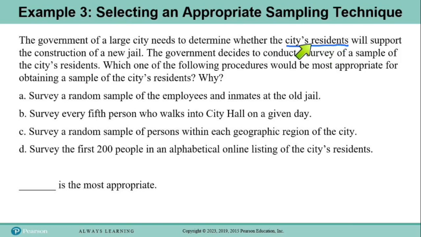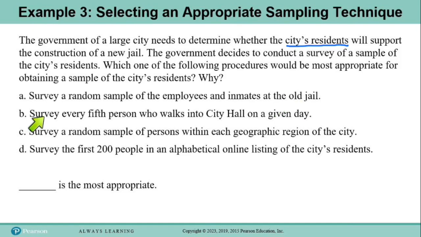So the population is the city's residents. If you only survey people who were involved with the old jail, then I'm sure that they have very valid opinions, but their opinions are not the only ones that we're trying to find out. So choice A is out. That's not going to be a representative sample.